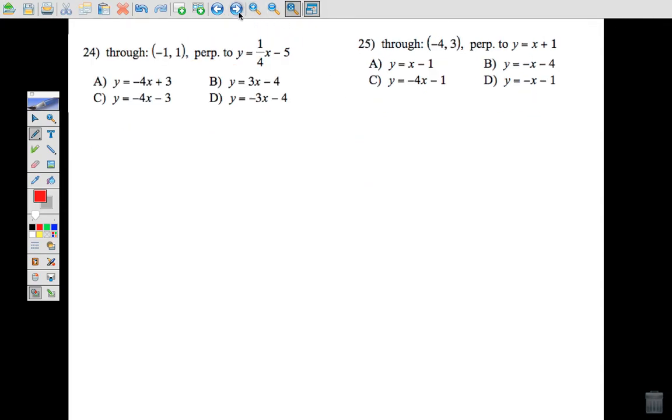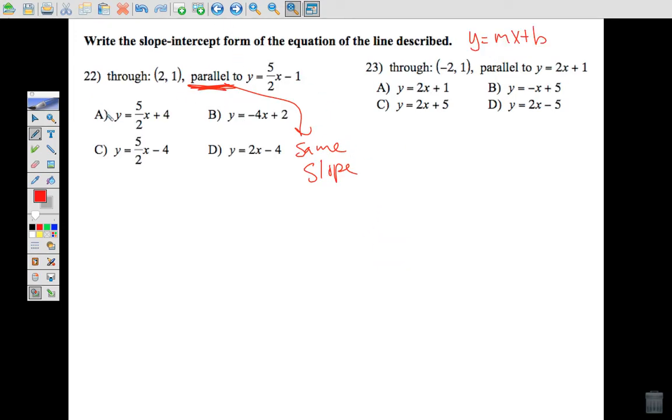And if they're perpendicular, their slopes are opposite reciprocals, meaning you flip it. Like if it's a fraction, you flip it, and if it's a whole number, you just put it under 1, and you change sign, like positive to negative or negative to positive. So I'm just going to set up the first one of each one.